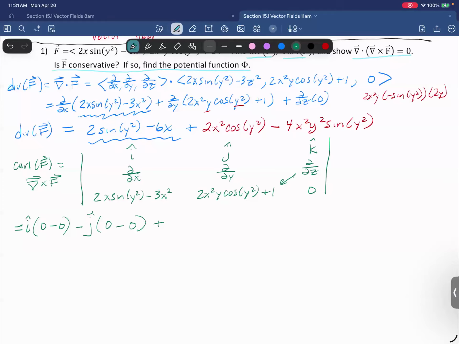So far we have no I or J component. And the K component is 4xy cosine y squared minus, this is going to become a cosine y squared, and then I've got 2y times 2x is 4xy.